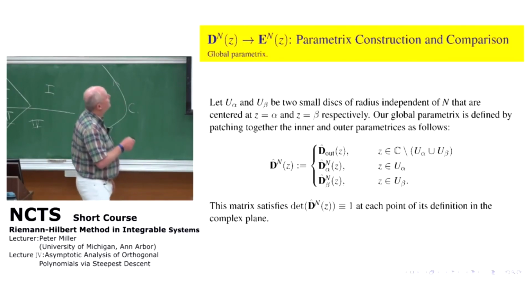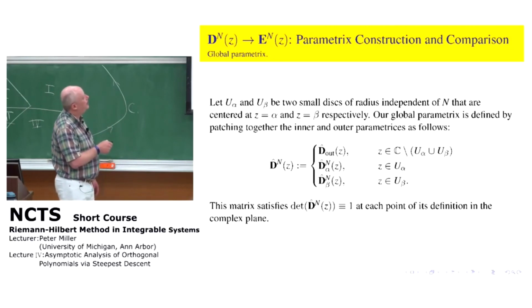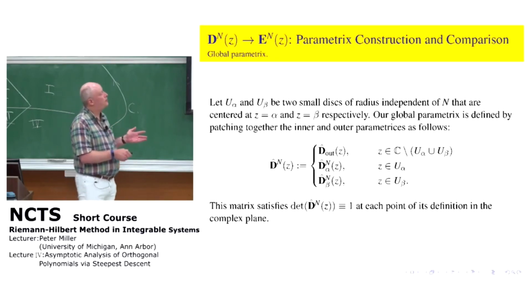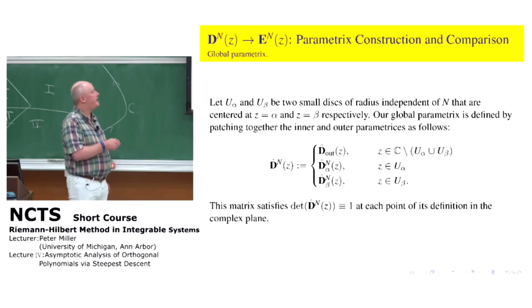All right, so now suppose U alpha and U beta are two small disks of some radius that's independent of n, centered at Z equals alpha and Z equals beta respectively. Then we're going to define our global parametrics in a piecewise formula like this. D hat n of Z is going to be the outer parametrics, D hat out of Z, with no dependence on n, as long as we're in the complex plane but not in either of these two disks.